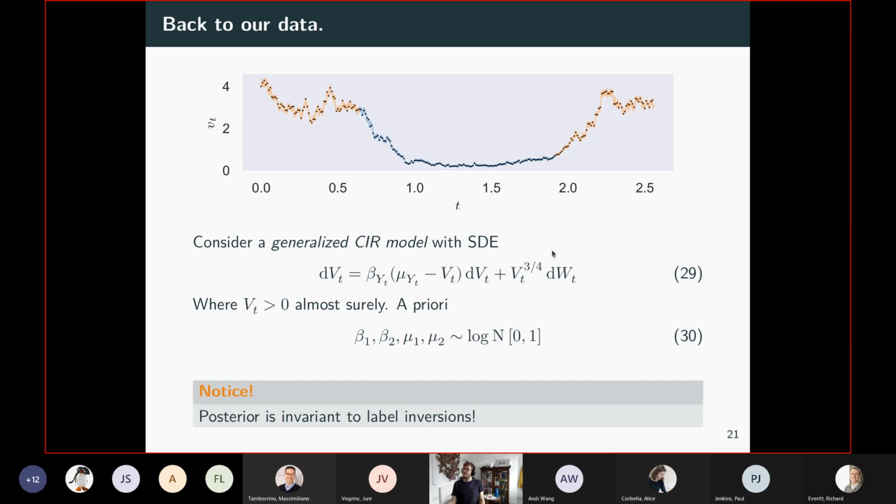And this is a stationary process for, a given state of y, which will revert towards mu. And the speed of that reversion is controlled by beta. So for a very large beta, you will tend to revert towards mu very quickly, and vice versa.